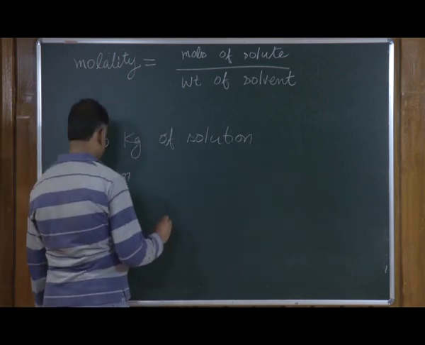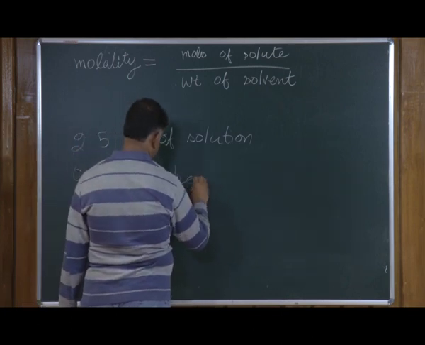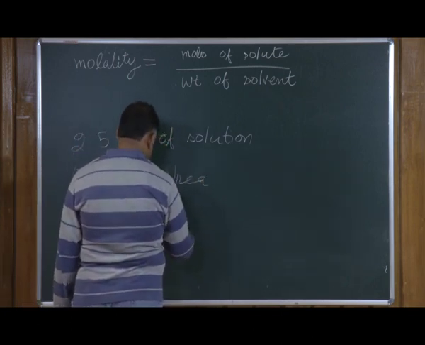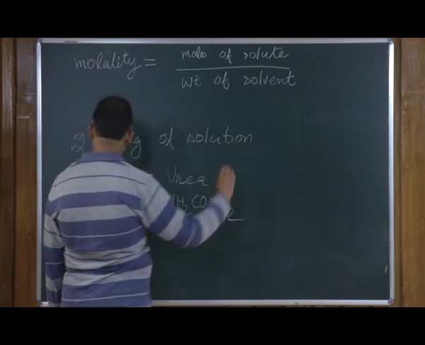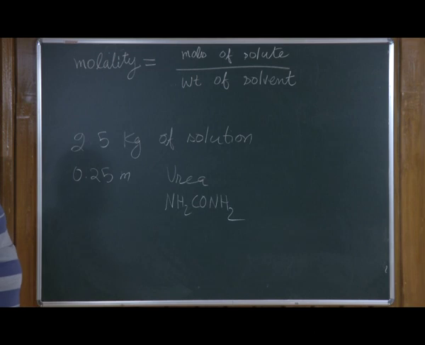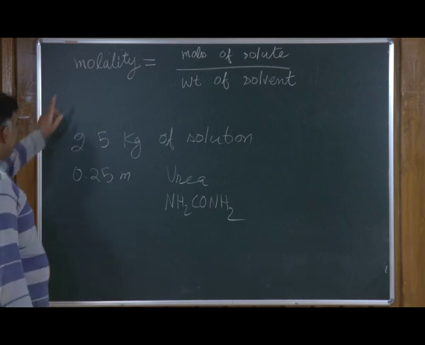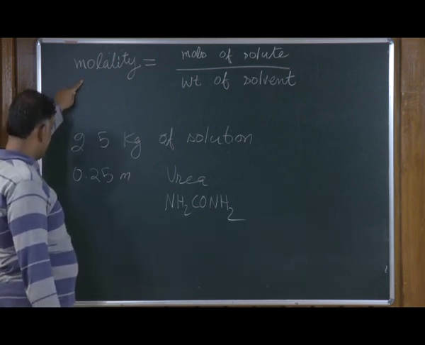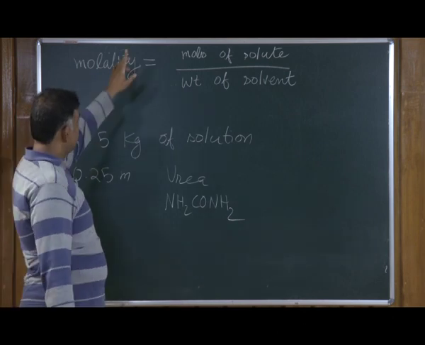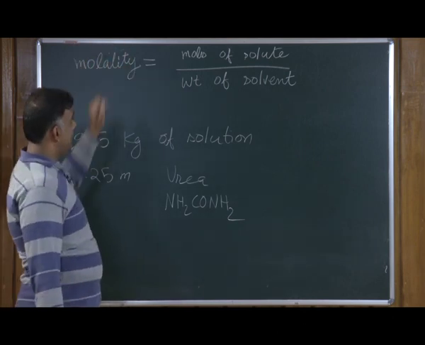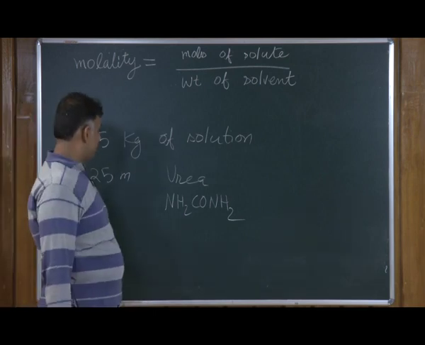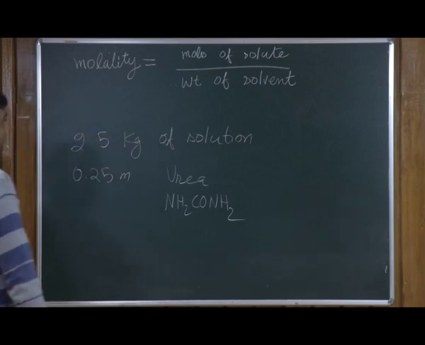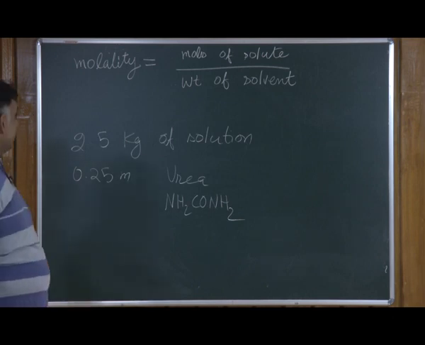So, 0.25 molal urea solution, and urea is NH2CONH2. This is the formula for urea, which will be needed later. If we want to use this definition of molality, we have the moles of solute, which we can convert to the weight of urea just by multiplying by the molecular weight of urea.